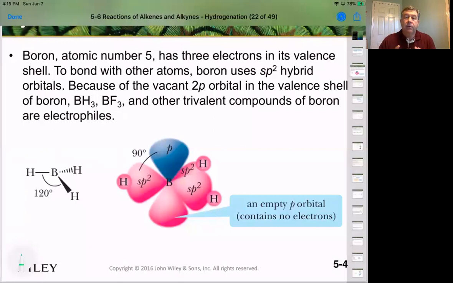Okay, so let's talk about the boron again. It's atomic number 5. It has 3 electrons in its valence shell, and it's one of the few atoms that doesn't follow the octet rule. So when it has these 3 electrons that it can share with 3 hydrogens, we end up with a trigonal planar boron, okay? And it has an empty p orbital.